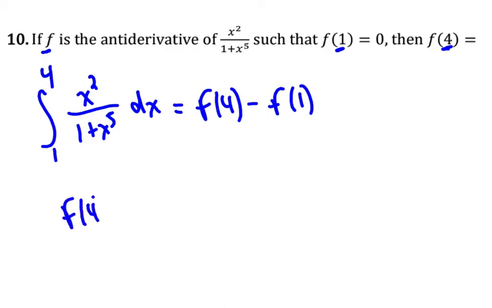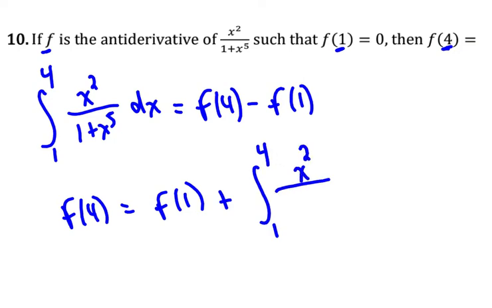So f of 4 is equal to f of 1, which is a waste of writing because f of 1 is 0, so that does nothing, plus this antiderivative here going from 1 to 4 of x squared over 1 plus x to the fifth dx.